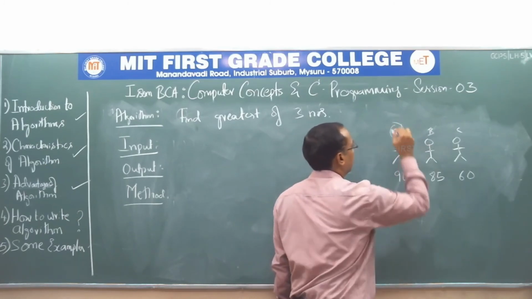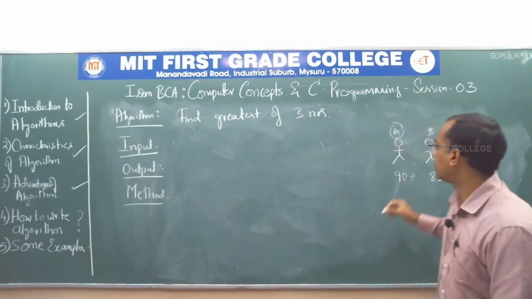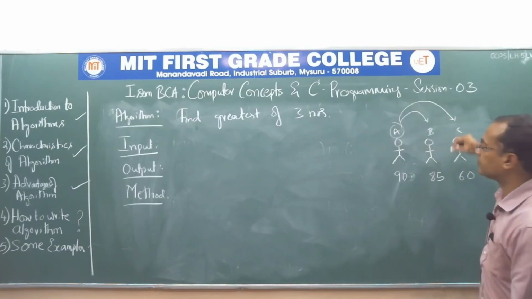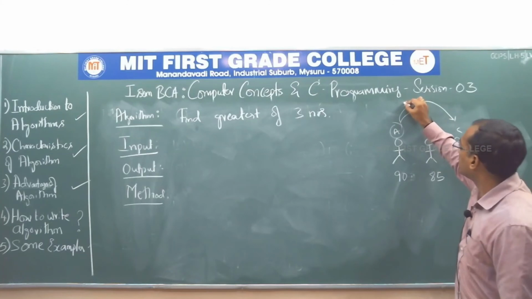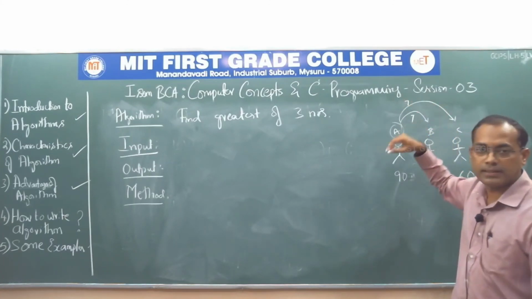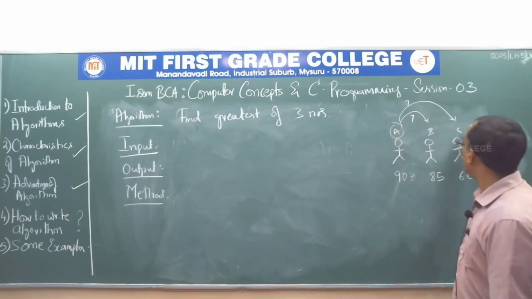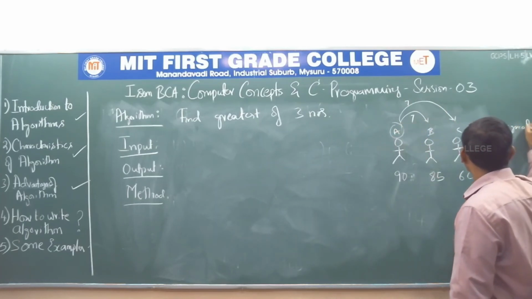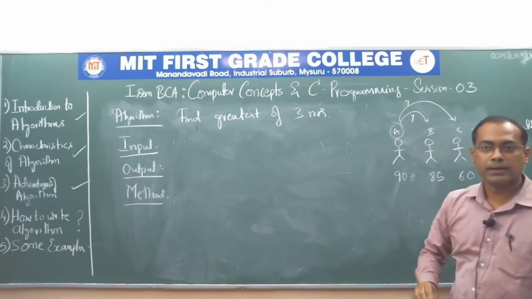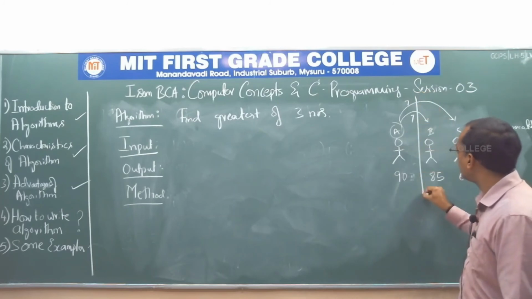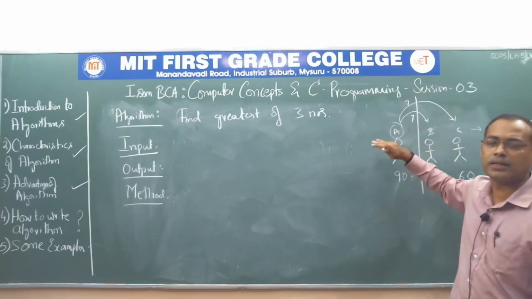First, we have to take the marks of A and compare it with B and C. That is, check whether the marks of A are greater than B and greater than C. If it is so, then A is greatest. Then if it is not true, then A is not the greatest.